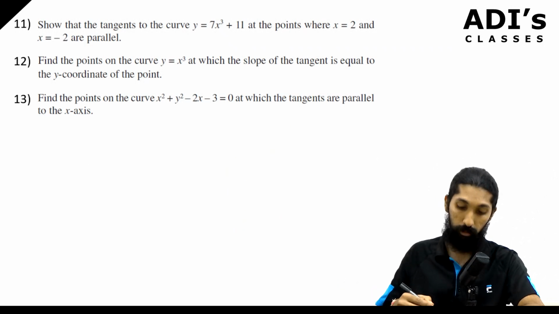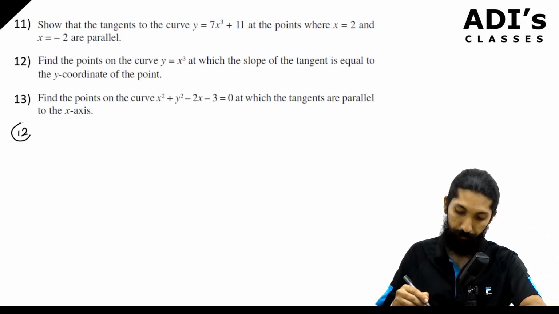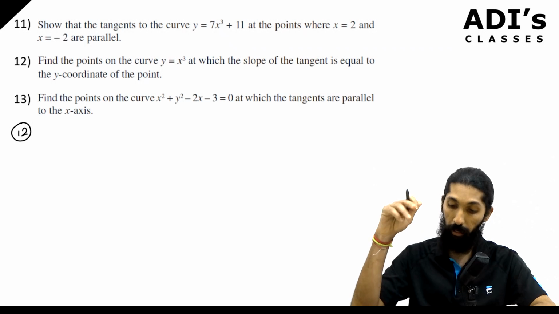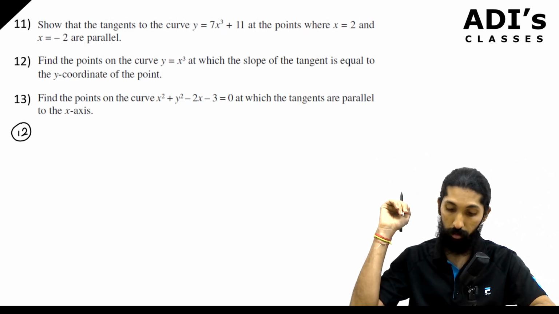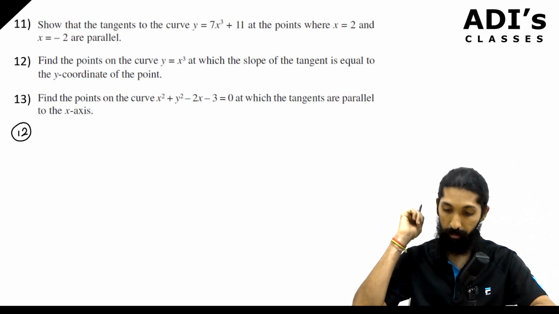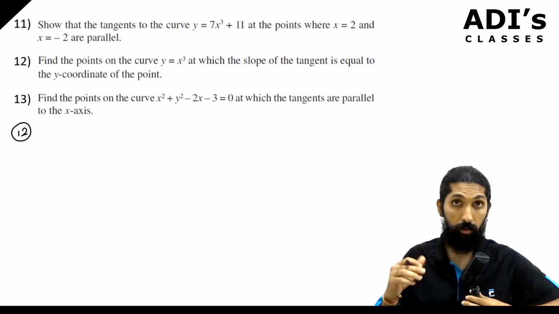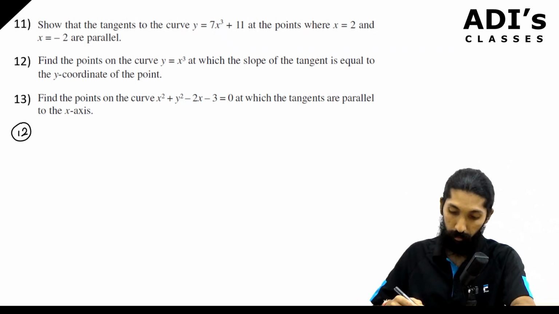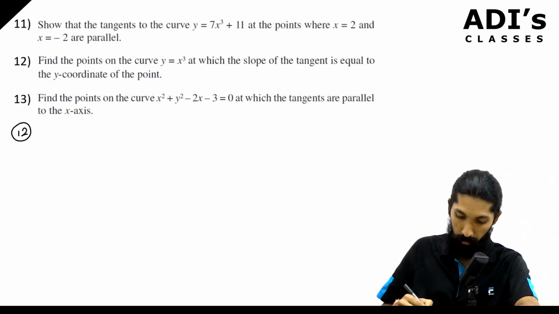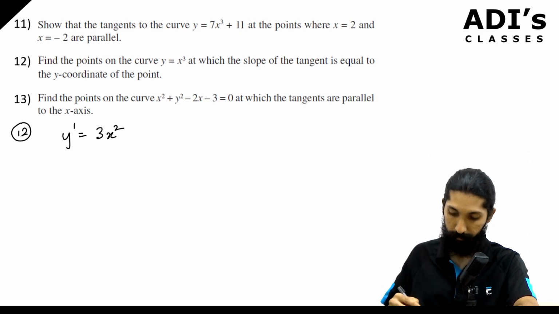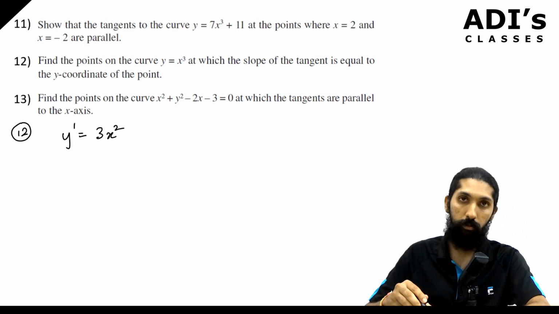All right. See the 12th one. You have to find the points on the curve at which the slope of the tangent is equal to the y coordinate of the point. So we need to solve this in a particular fashion. First, let's differentiate. You get y dash is equal to 3x square. This is quite easy to understand.